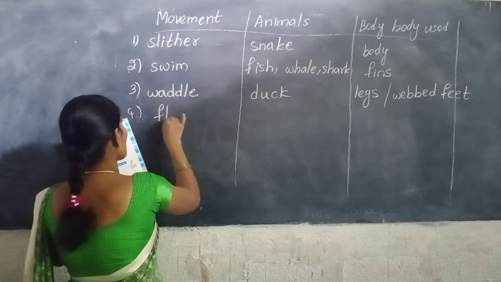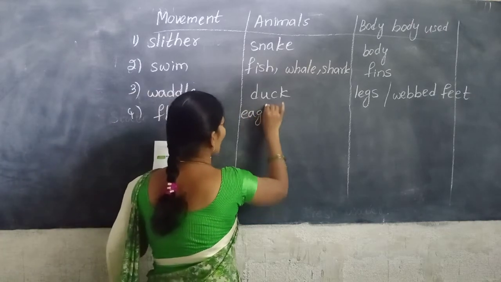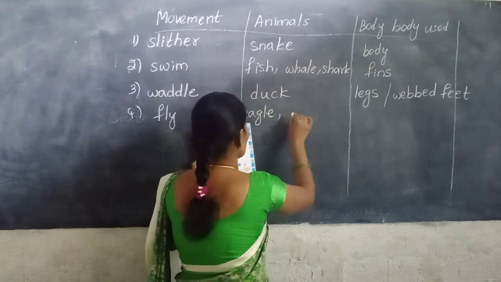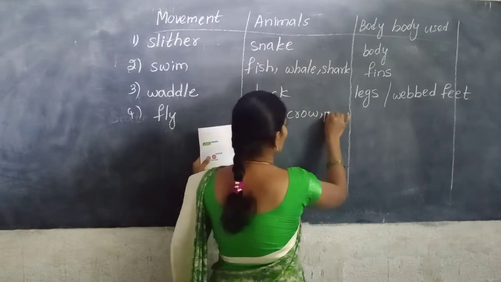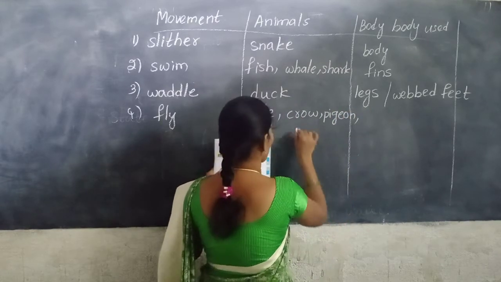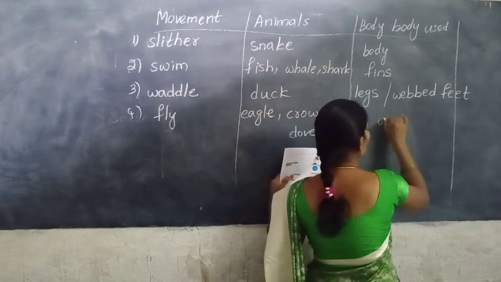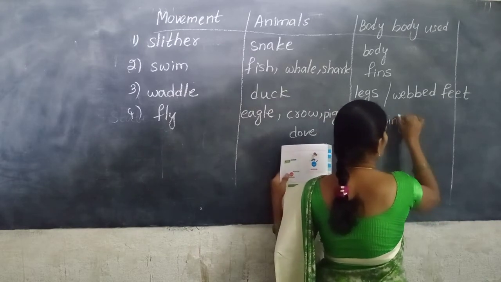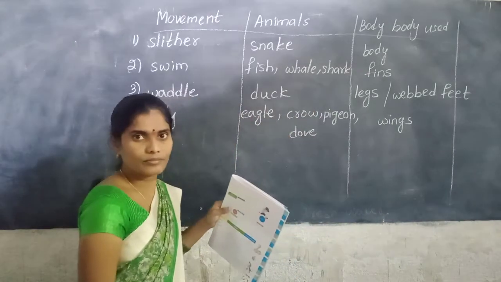Fourth one is fly. Flying birds are eagle. All the birds can fly. I am writing some. They use their wings to fly. Birds are having wings to fly.